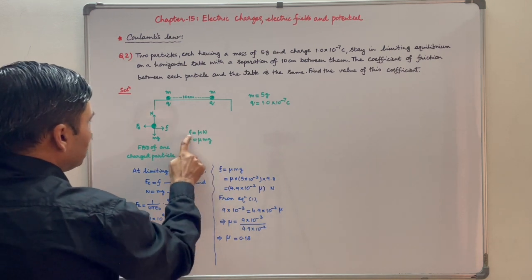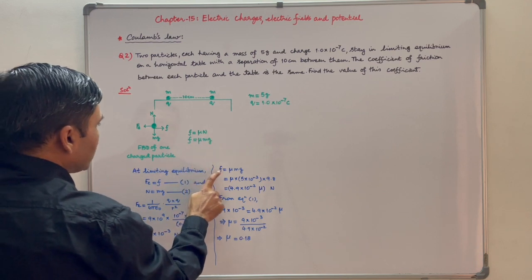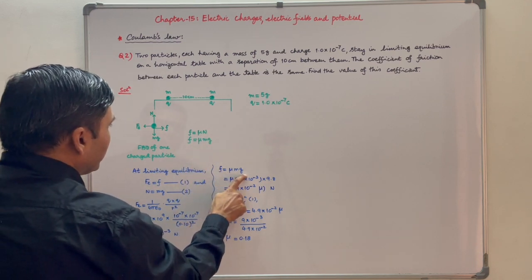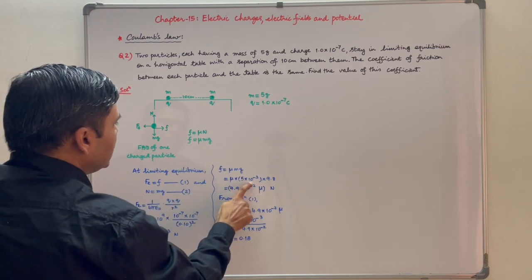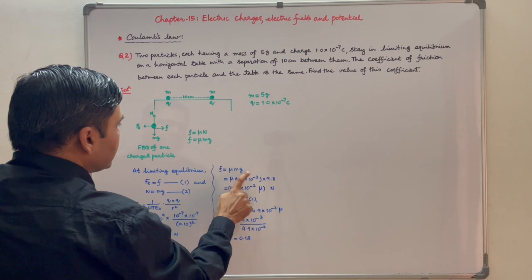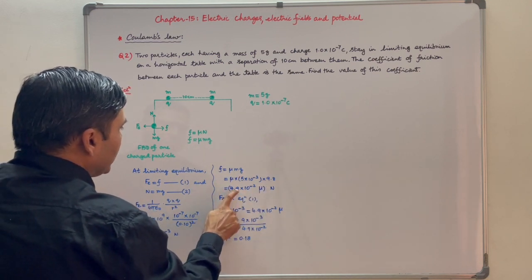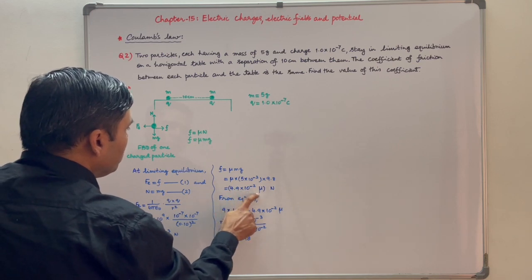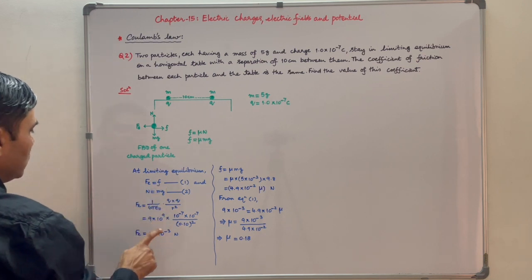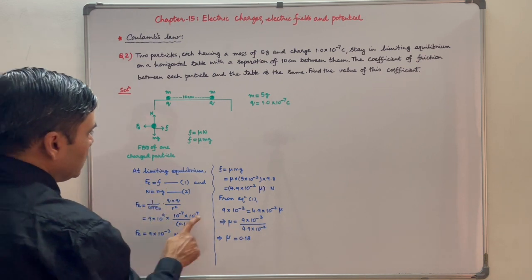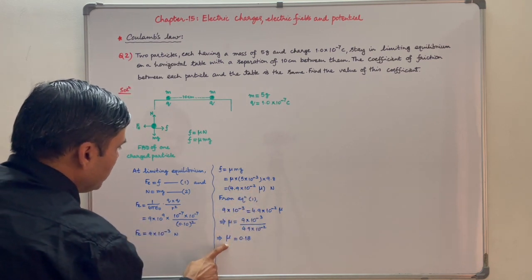Friction force F = μN and N = mg, so friction force F = μmg. The value of m is given as 5 gram, that means 5 × 10^-3 kg. g we can take as 9.8 m/s². So F = 4.9 × 10^-2 μ Newton. Now we can equate Fe with F. So 9 × 10^-3 = 4.9 × 10^-2 μ. This gives the value of μ as 0.18.